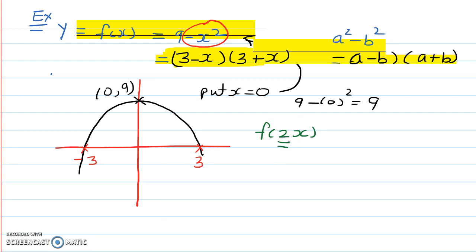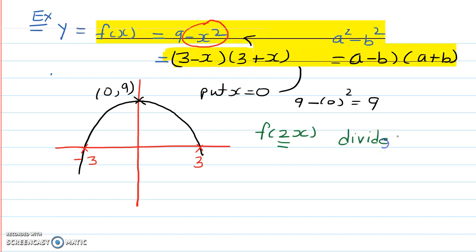Whenever 2 is inside the bracket, divide the x coordinate by 2, and y is unchanged.